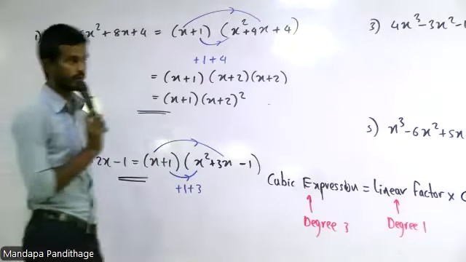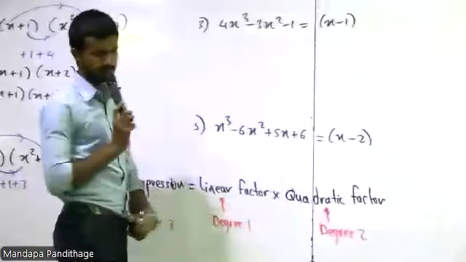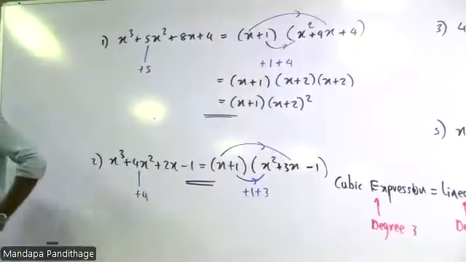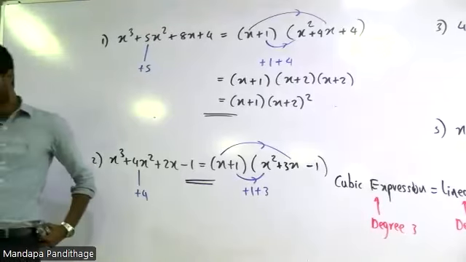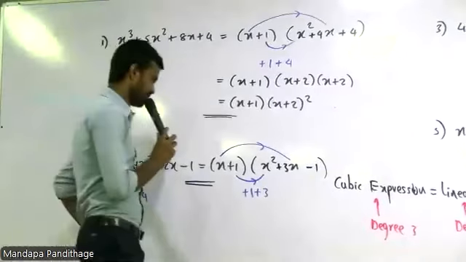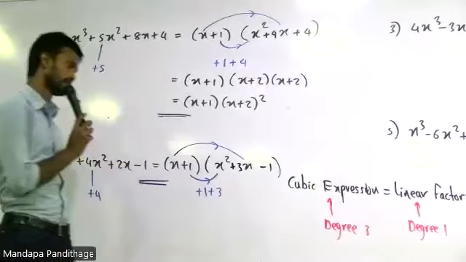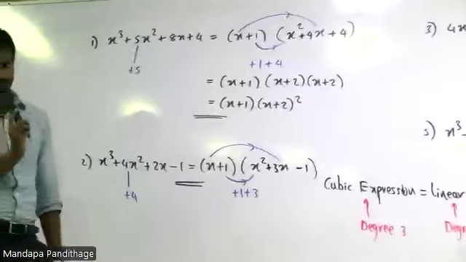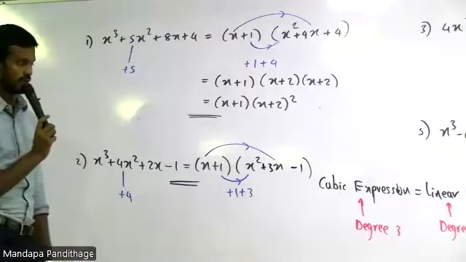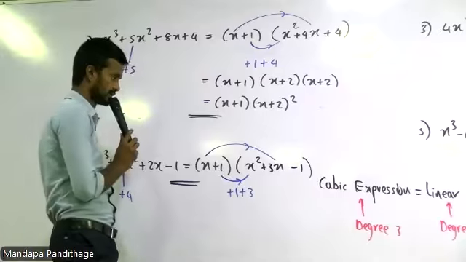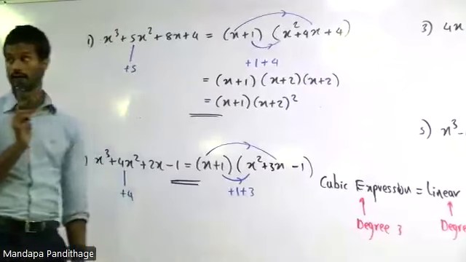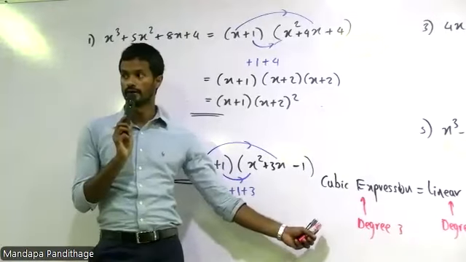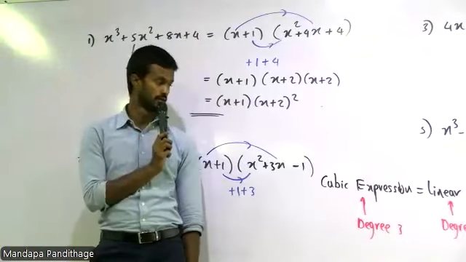When we factorize a cubic expression, initially we get a linear factor and a quadratic factor.